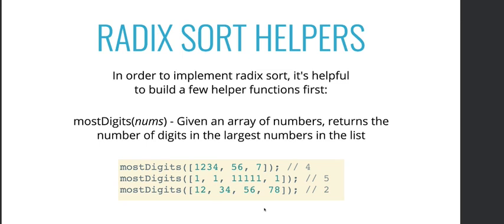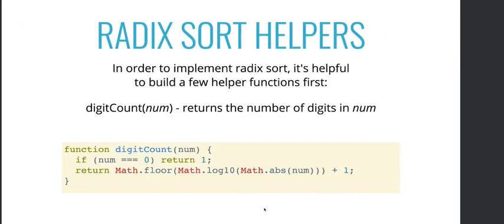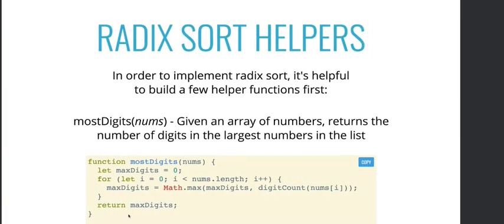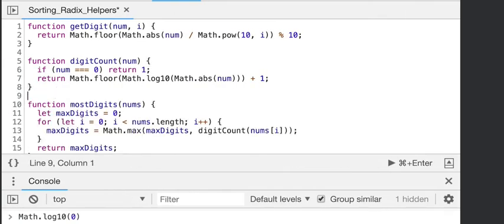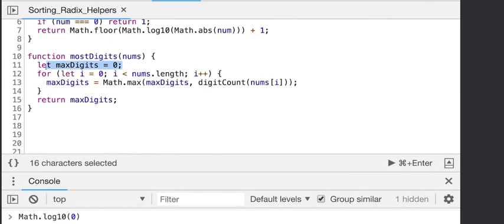So this one's the easiest, I think, because we already have this code, if you just want to copy it. The focus, again, is not on actually writing these yourself, but I just want to walk through them. So most digits, here's my solution. It looks like this. I'll copy it over. And it just takes a list of numbers. And we start with a max variable, max digits. It starts at 0. And then I loop through nums.